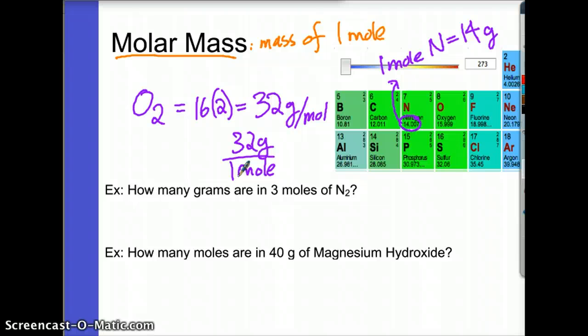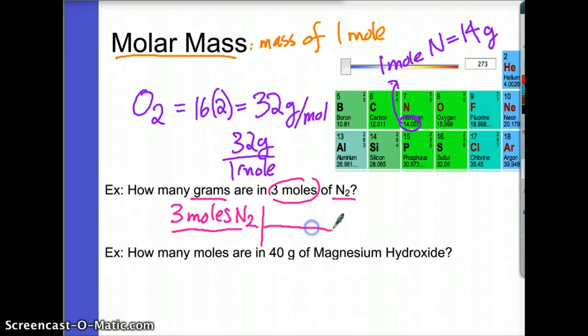So for example, how many grams are in 3 moles of N2? Well, my given is 3 moles of N2. I need to convert that in this case to grams. So I'm not going to need Avogadro's number, I'm going to need molar mass, because grams are the units for mass. I know in 1 mole of N2, what is its mass going to be?